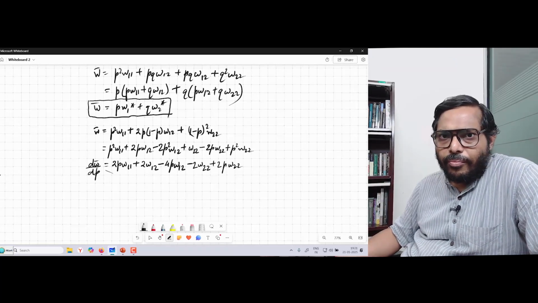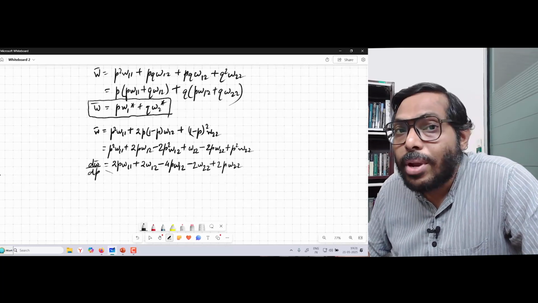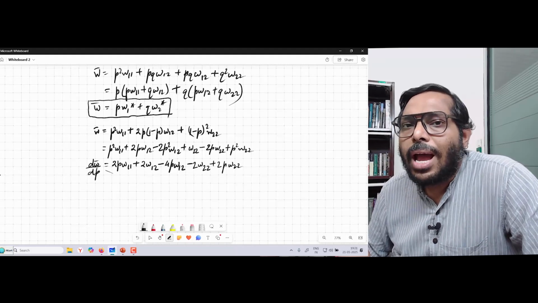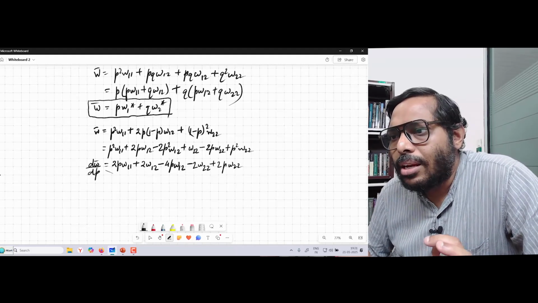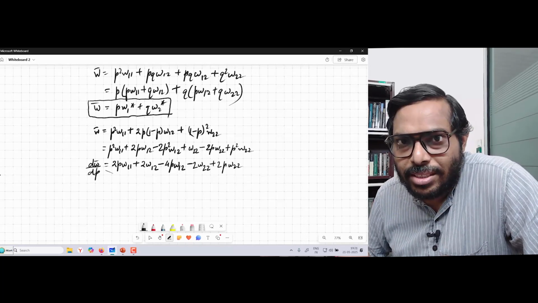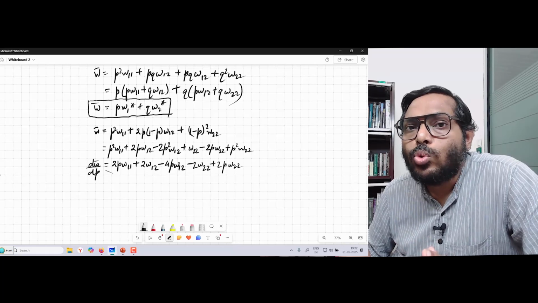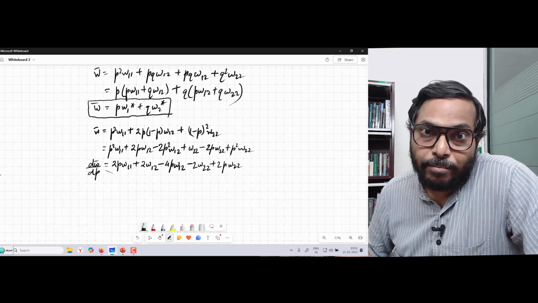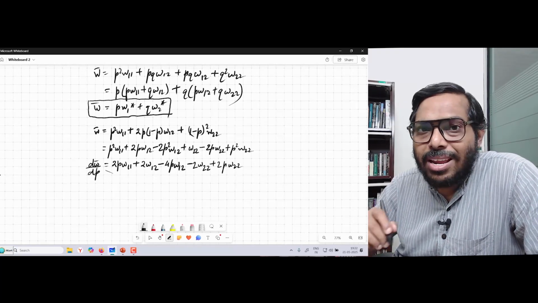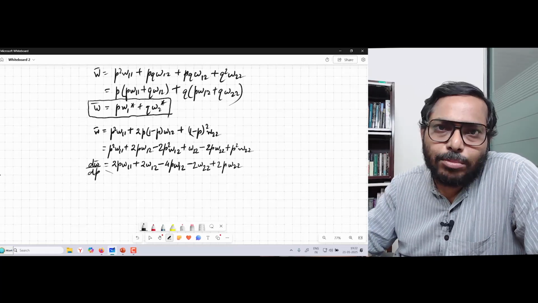Now, if you remember your calculus, you can see that there should be a few extra terms which I am not putting over here. Why am I not putting them? Because I am explicitly assuming that the W11s, W12s and W22s are all constant. In other words, these things do not vary with P. If I did not make that assumption, then I would have to add 3 extra terms over here.